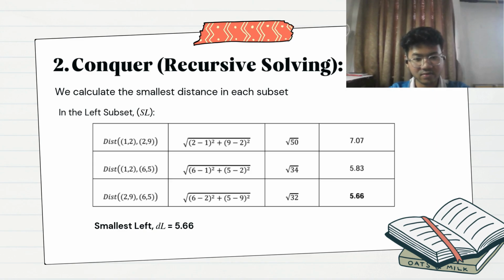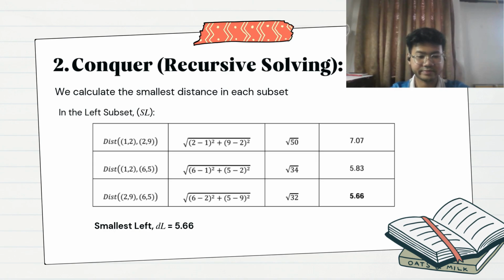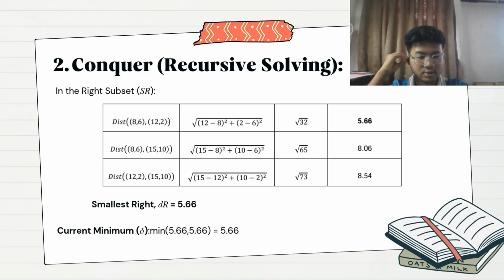The smallest distance is 5.66, between the points 2,9 and 6,5. Then we repeat the same process for the right subset. The smallest distance here, delta for the right, is also 5.66, between the points 8,6 and 12,2.